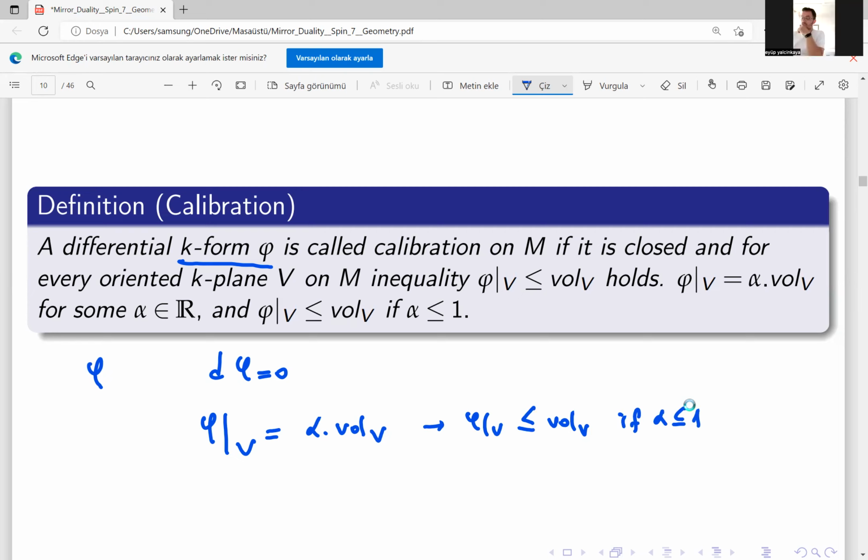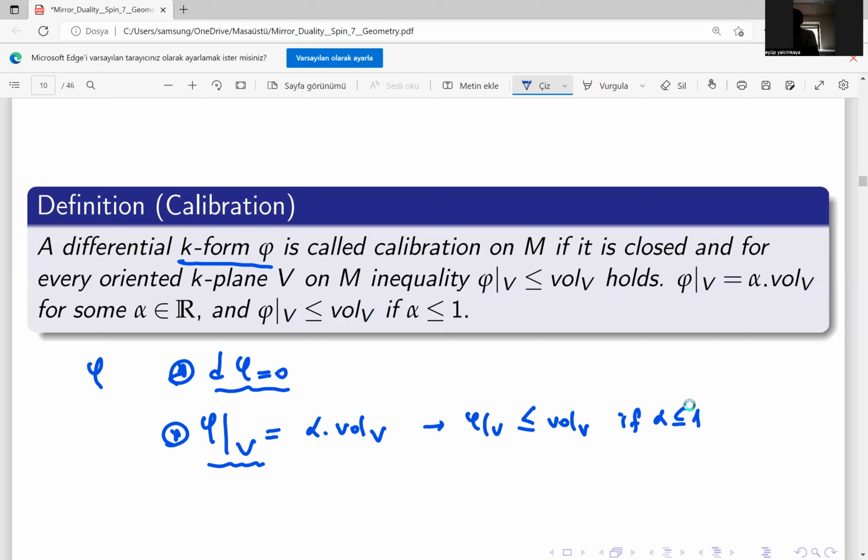Okay, so we need two pieces of information. One of them is closedness, and the other is phi restricted to V equals alpha times volume V, and this alpha has to be smaller than or equal to 1. Again, if you know some Kähler geometry, you can see that this is the direct analog of the complex case.